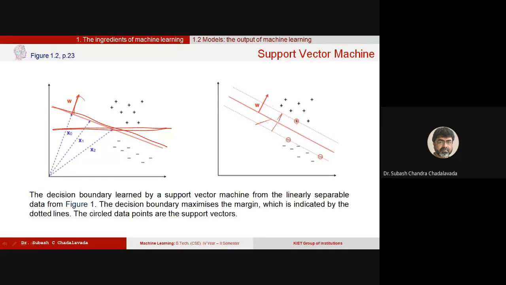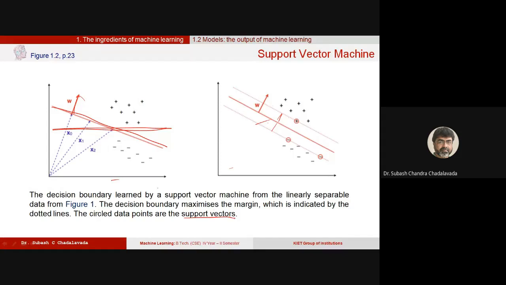Now these instances which are encircled with red are the instances that are on the margin of your boundary. These are called support vectors. These circled data points are called support vectors.